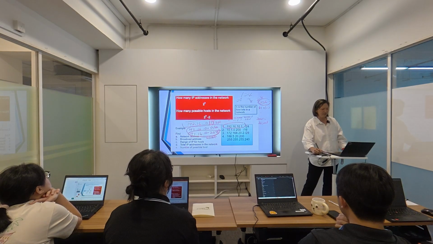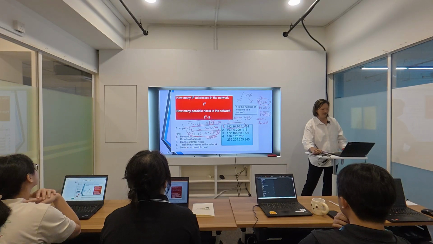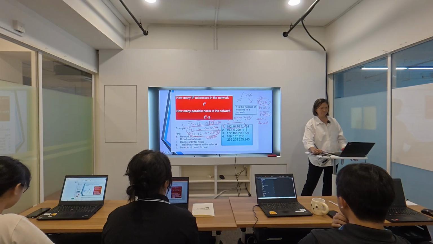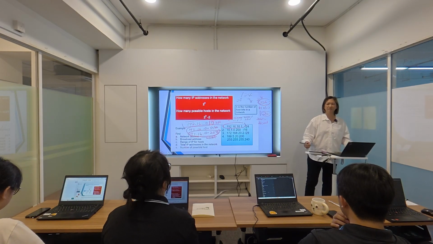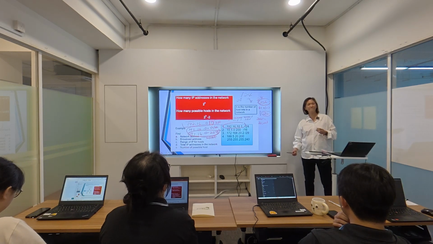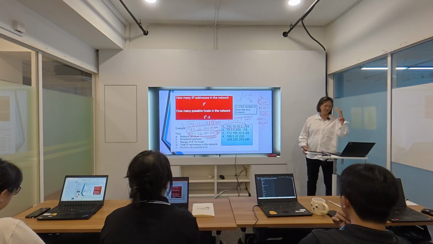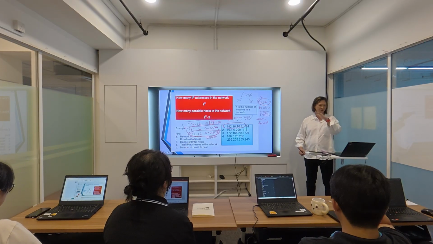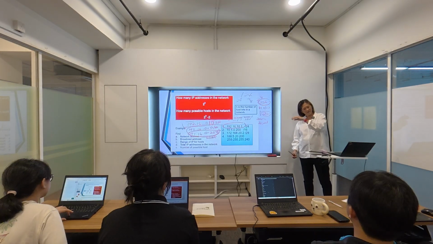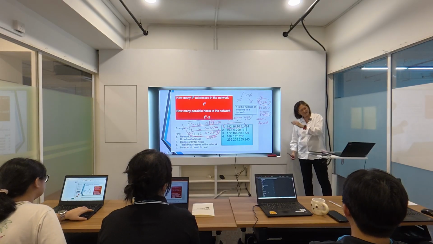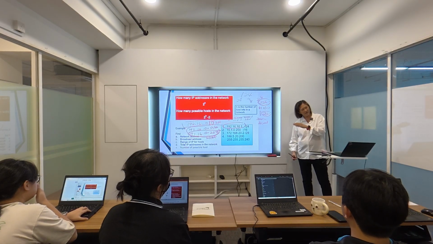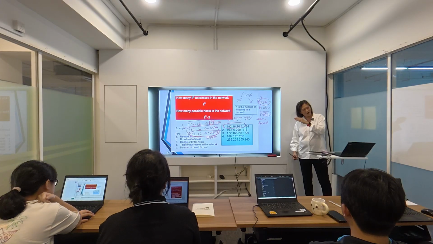Then in between are 254 addresses that I can use for my hosts. So my hosts can be .1, .2, .3, .4, .200, .251, .253 until .254.